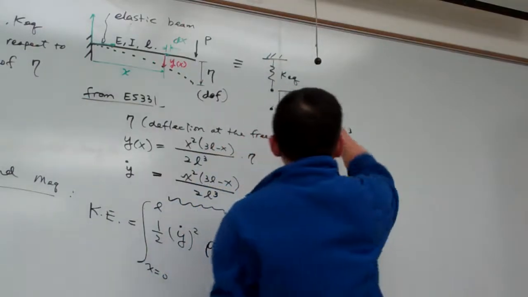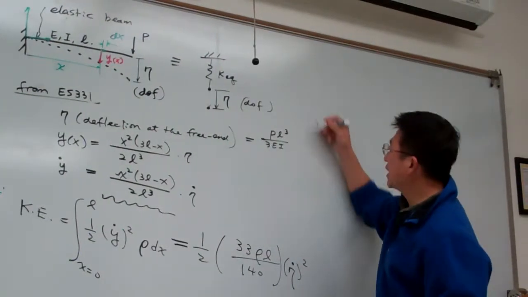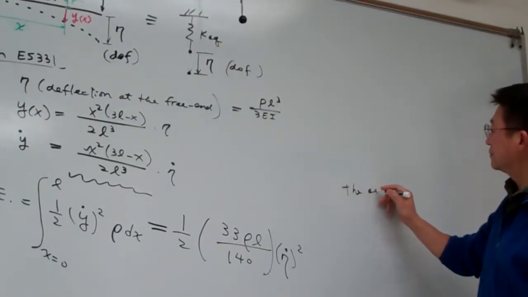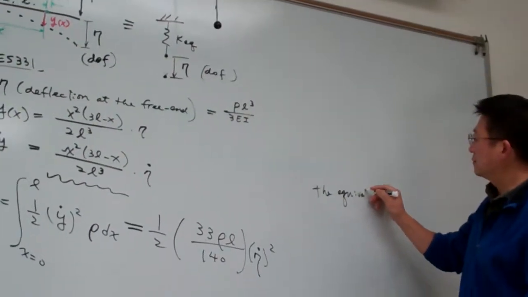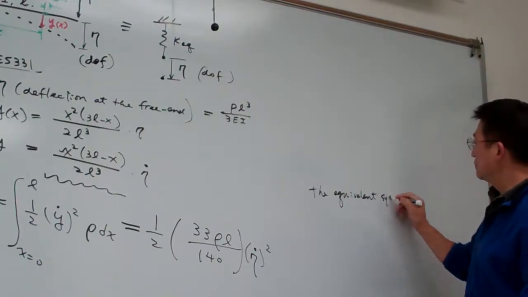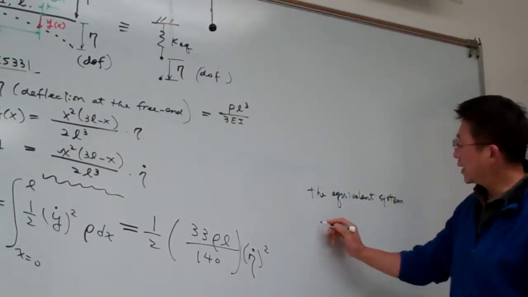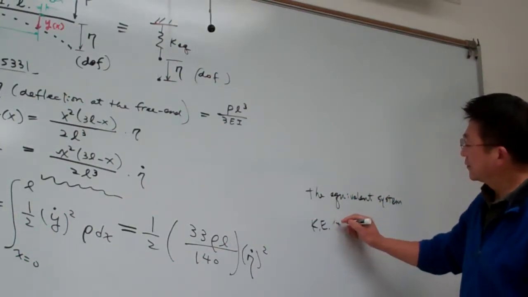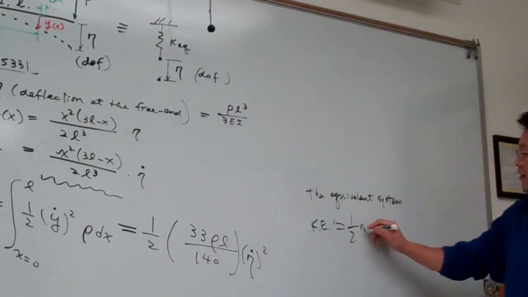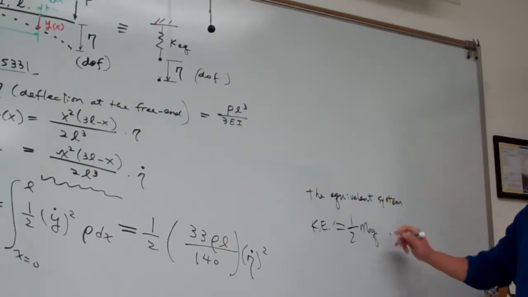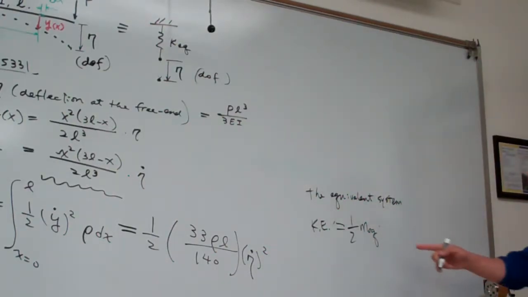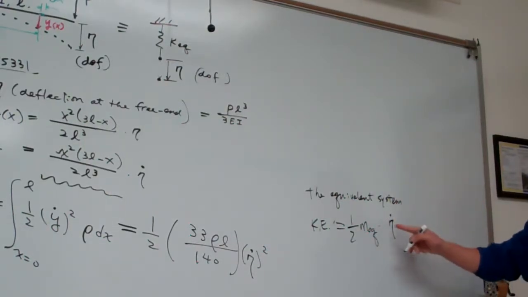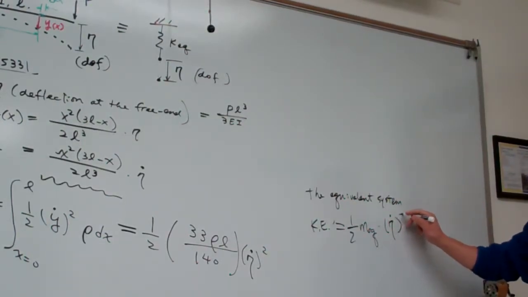On the other side, for the equivalent system, we have the kinetic energy equal to the equivalent mass, represented in terms of the degree of freedom, which has velocity eta dot squared.